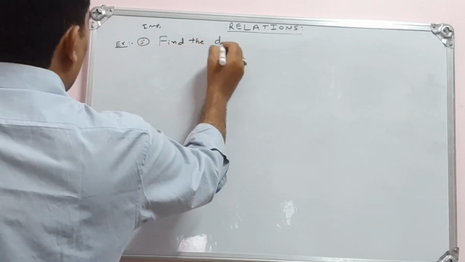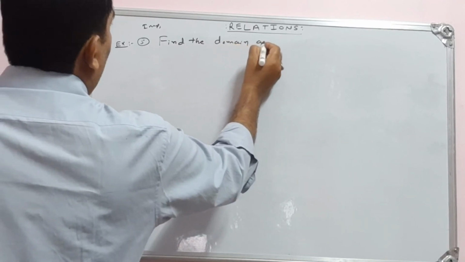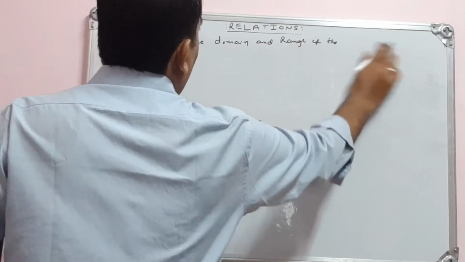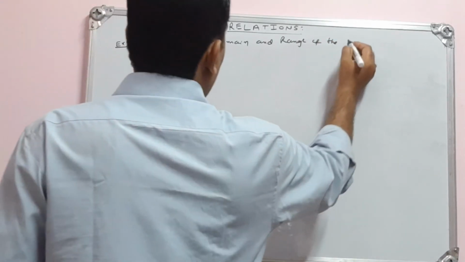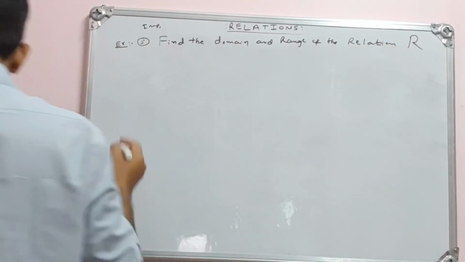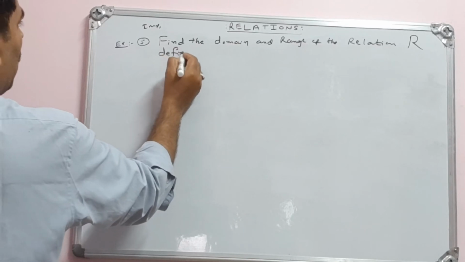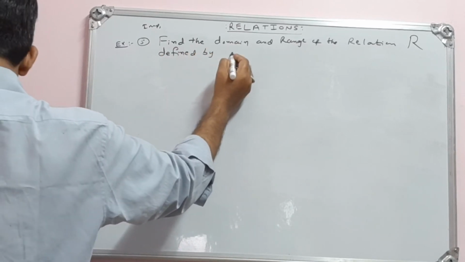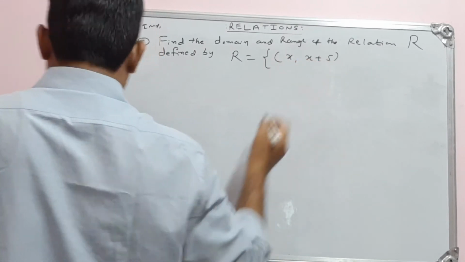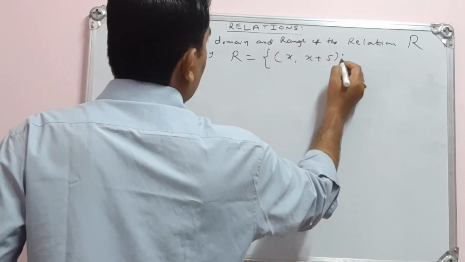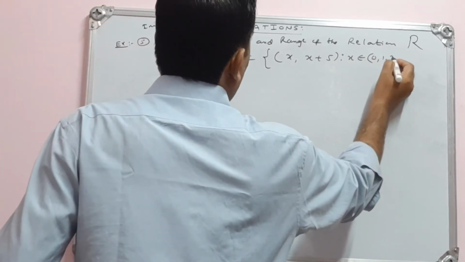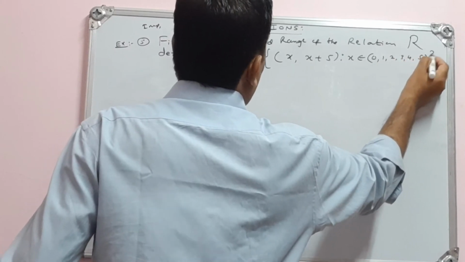Find the domain and range of the relation R defined by R is equal to x comma x plus 5, such that x belongs to 0 1 2 3 4 5.